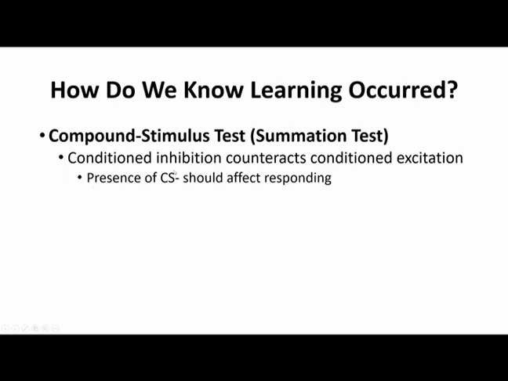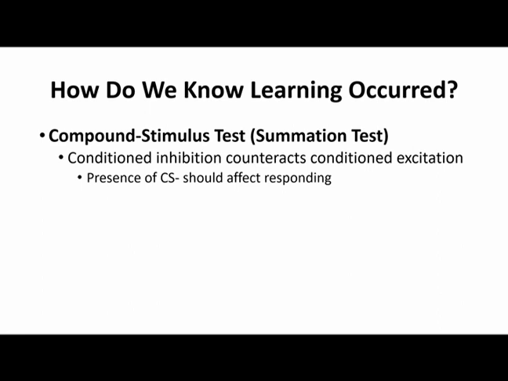Basically, the presence of our CS minus should affect responding in some way. So if we have conditioned excitation, then we should see a reduction in responding because of the CS minus. So, long story short, we're going to be measuring how the presentation of this CS minus suppresses responding that is usually elicited by that CS plus.